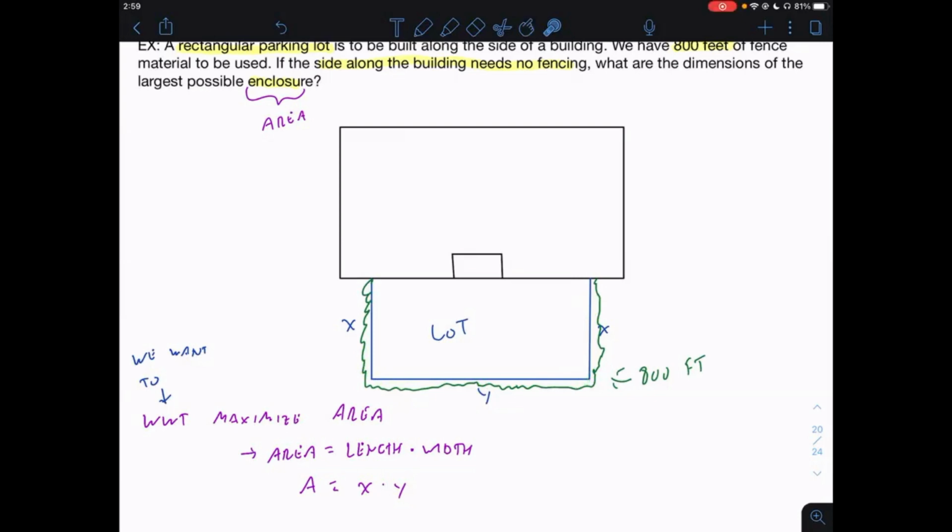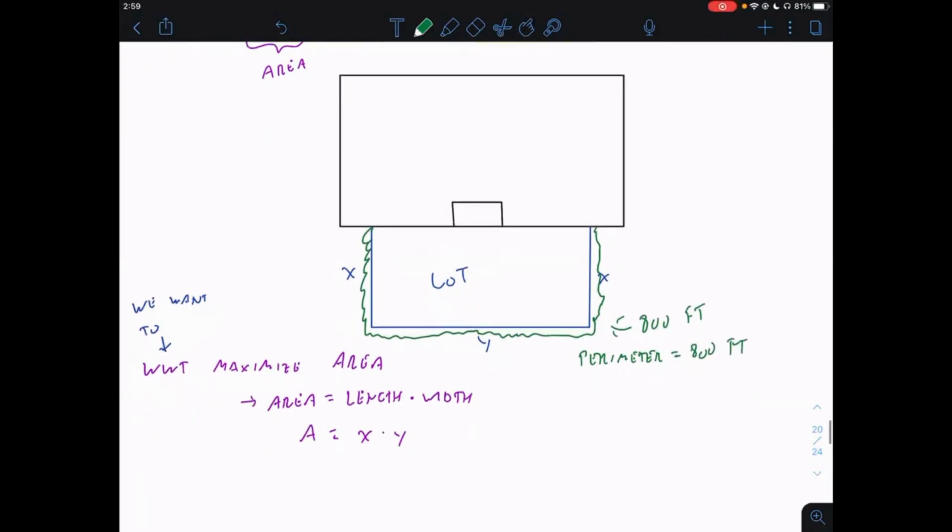In other words, we have 800 feet of perimeter to cover around this rectangle. So 800 feet, that's representing our perimeter. Okay, so our perimeter, the fencing material that we have to surround this fence, is going to equal 800 feet. I'm going to assume we want to use all the material that we have.